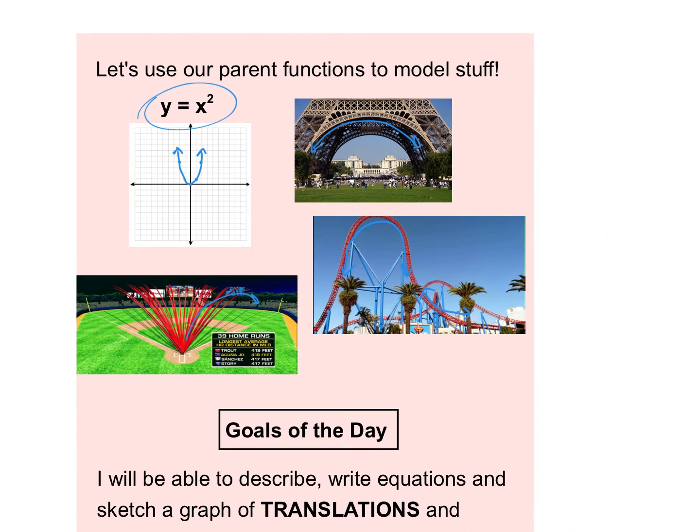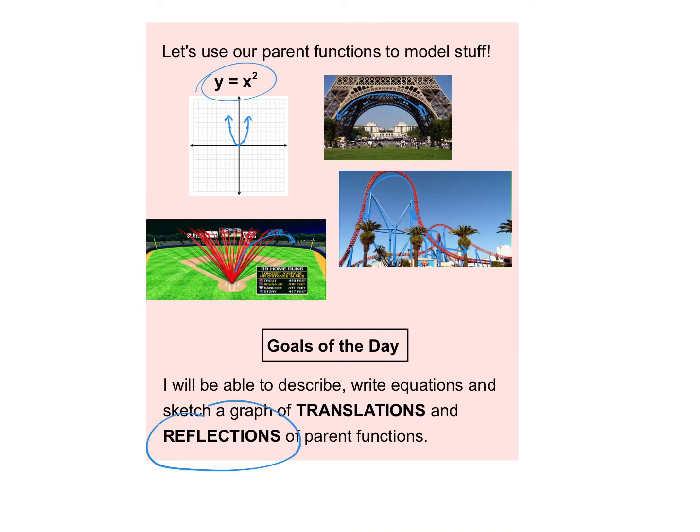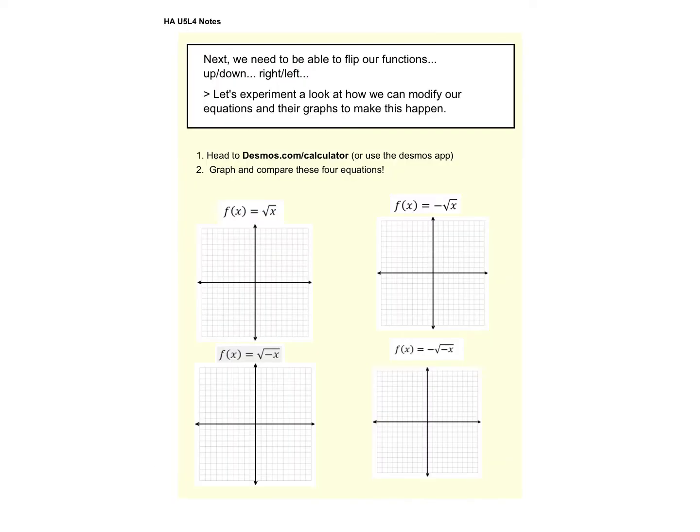In order to be able to model those different curves, I have to be able to change the way this parent function looks. And just being able to move it around, left, right, up, and down, isn't quite enough. So we're today going to add to our transformations, and we're going to take a look at reflections.